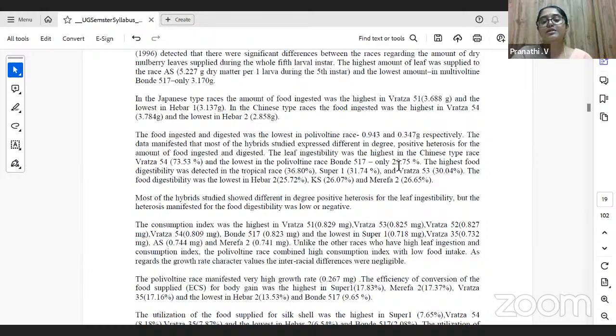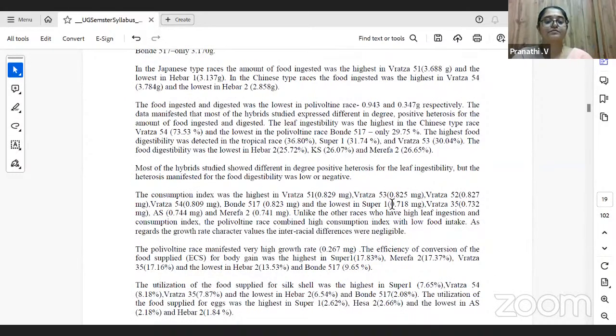The leaf ingestibility was the highest in the Chinese type race, and the highest food digestibility, the ability to convert whatever dried mulberry leaves into body weight gain, has been seen in the tropical races, that is your Super Bratza. Food digestibility was lowest in Hebar 2, KS, and Merefa.